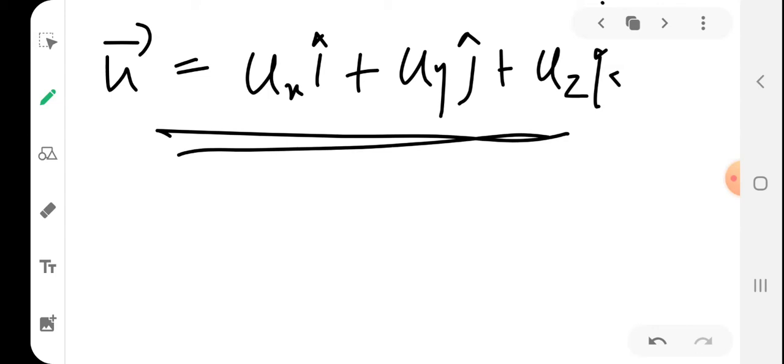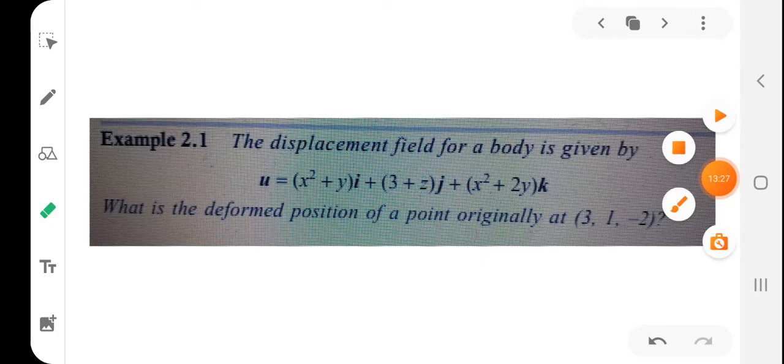I will make this concept clear through an example. Suppose students, this is a problem. A displacement field for a body is given. So the u vector in the form of ux i, uy j, uz k is given.